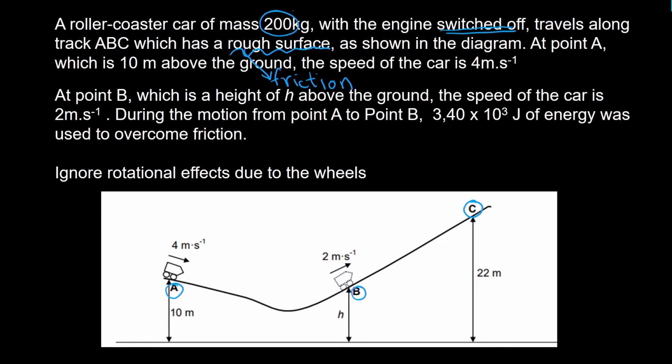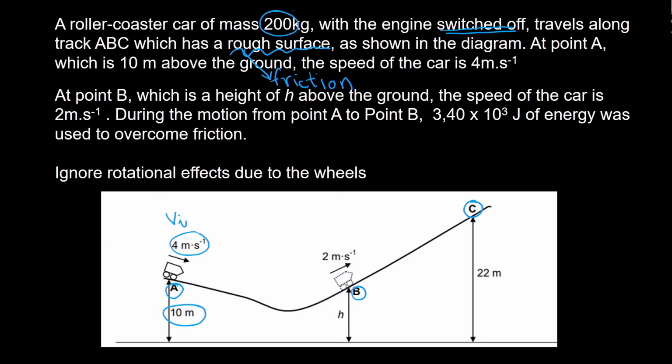As shown in the diagram, at point A, which is 10 meters above the ground, the speed of the car is 4 meters per second. So that's velocity, the initial velocity, and I'm just going to write v_i there.